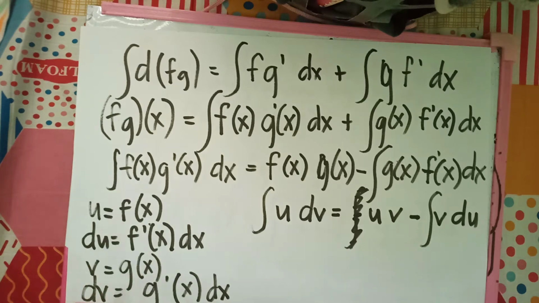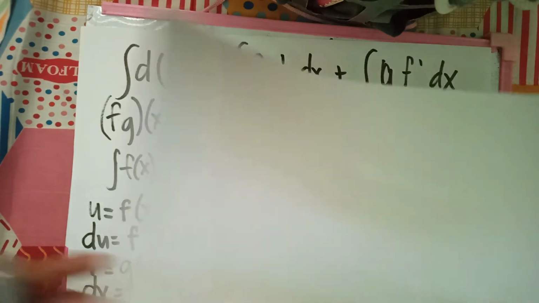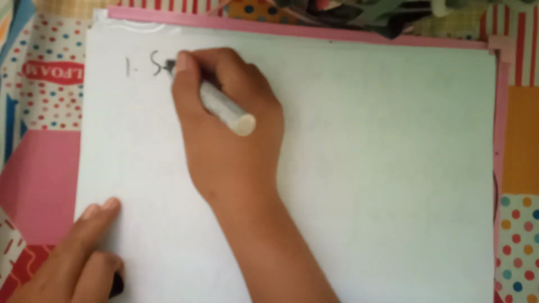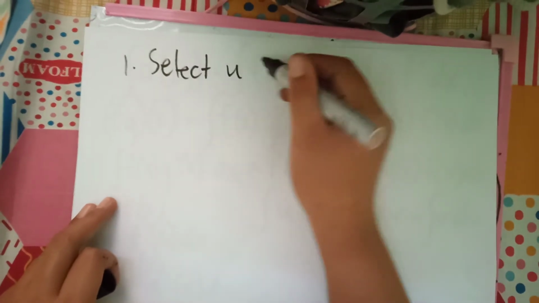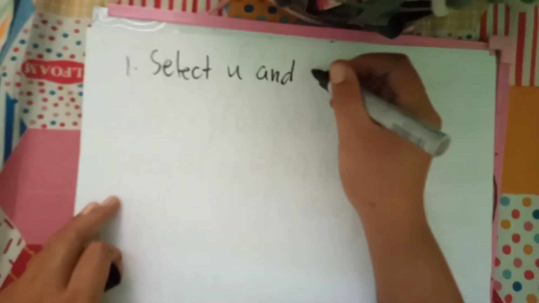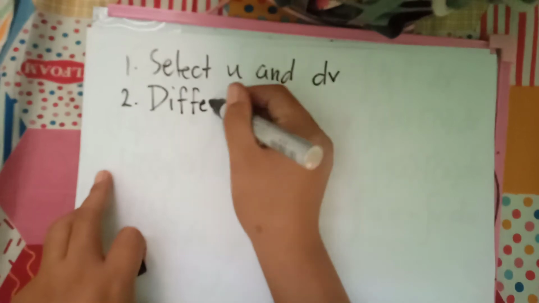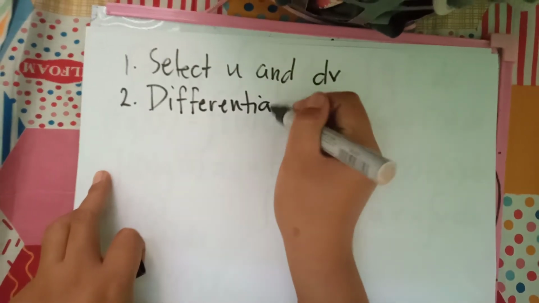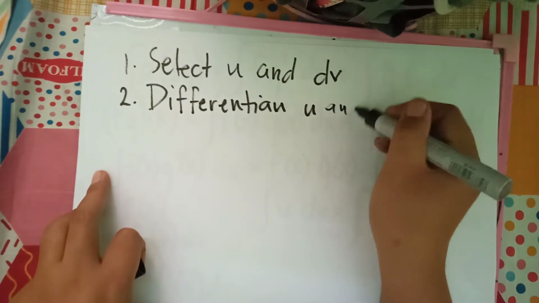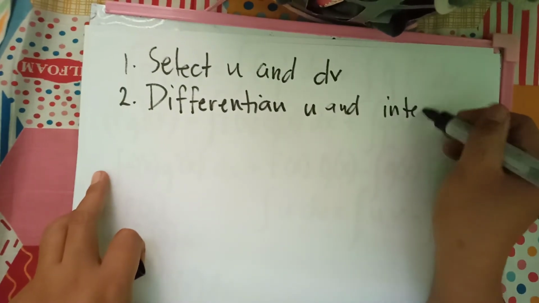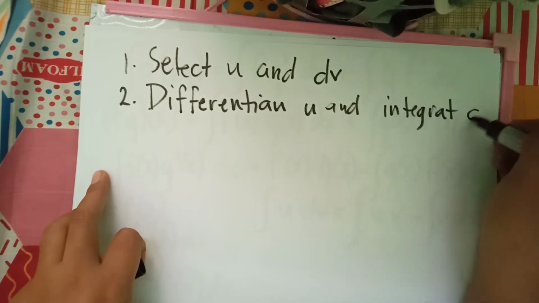So, the steps in performing integration by parts, you're gonna select your u and dv. Okay? So, number 1, select mo muna yung u and dv. Okay? Number 2, i-differentiate mo muna. Differentiate u and integrate dv.